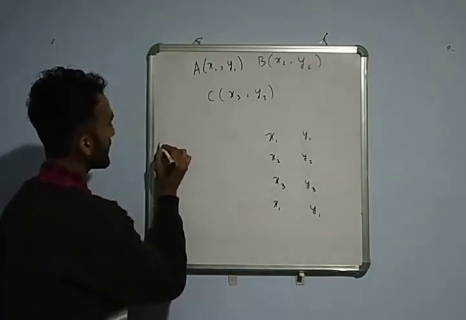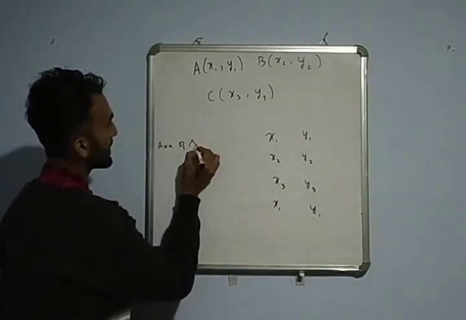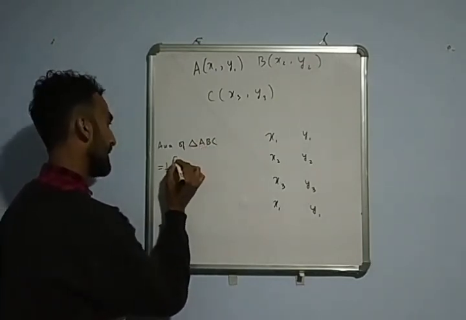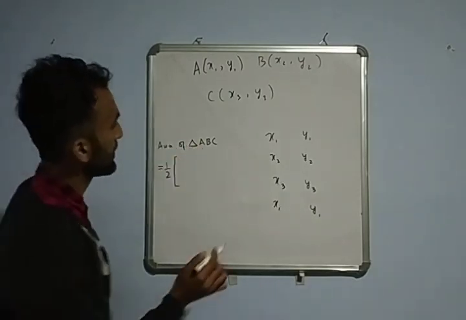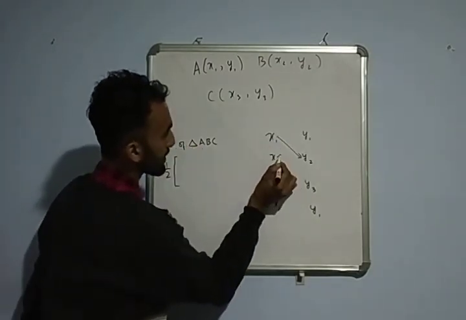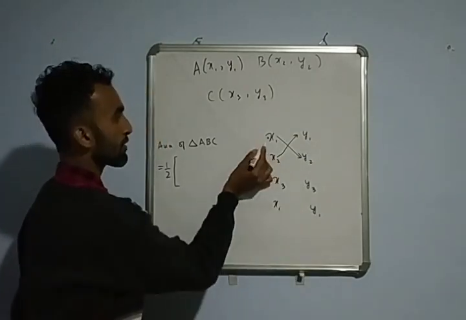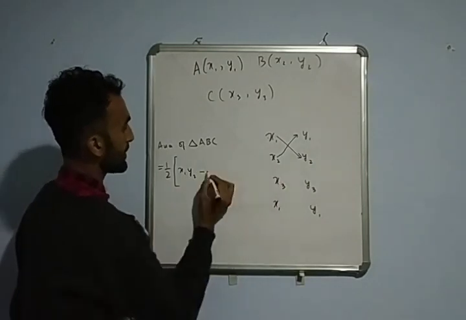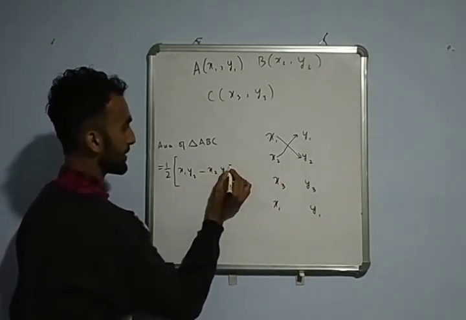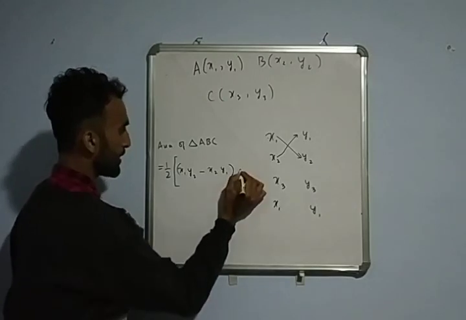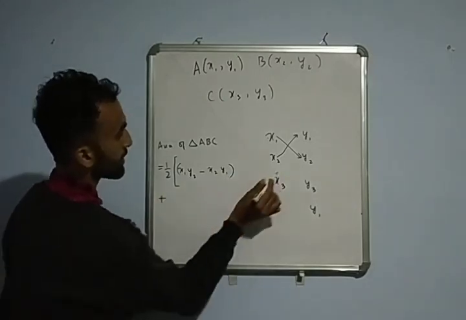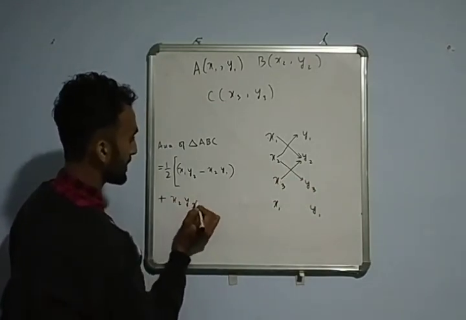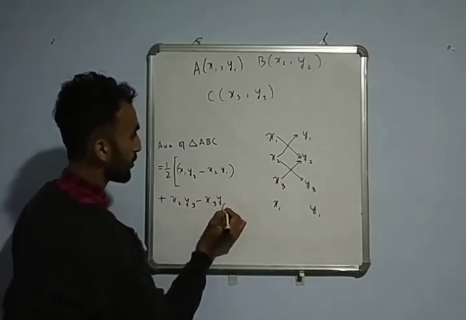Now area of triangle ABC is equal to half, and open a bracket. Cross this, subtract the cross of this, cross multiply. Cross this, x1 y2, subtract the cross of this, x2 y1. This is one thing, put in bracket, plus, I am continuing here, plus, cross this, subtract the cross of this, x2 y3 minus x3 y2.